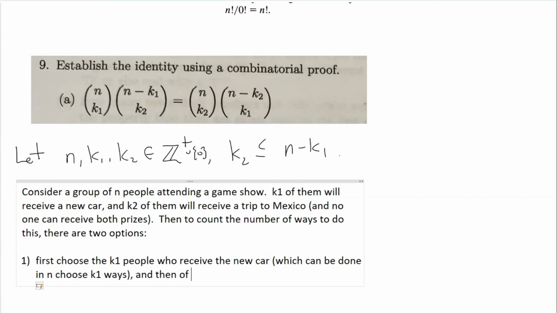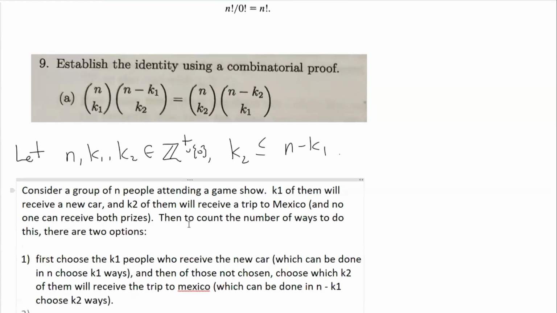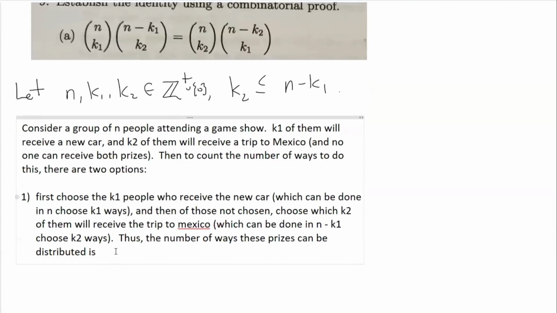And then of those not chosen, choose which K2 of them will receive the trip to Mexico, which can be done in n minus K1 choose K2 ways. Thus, the number of ways these prizes can be distributed is, and now I'm copying down the formula on the left.